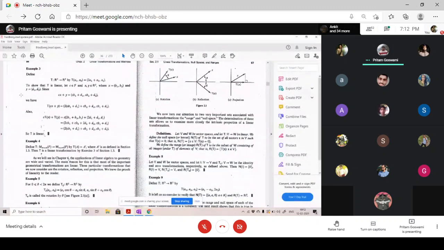Yes, sir. So have you gone through this checking here? They have done it, or do you have a problem with the definition of the function only, the transformation?